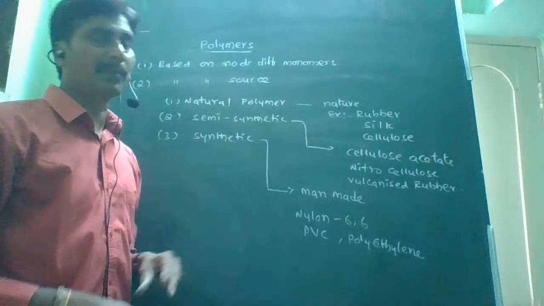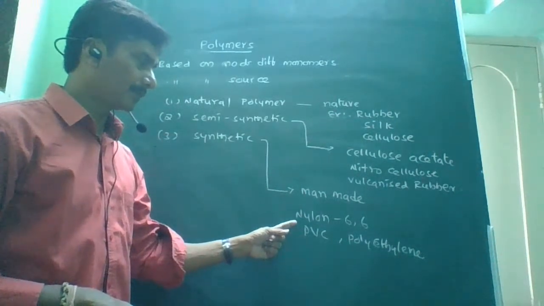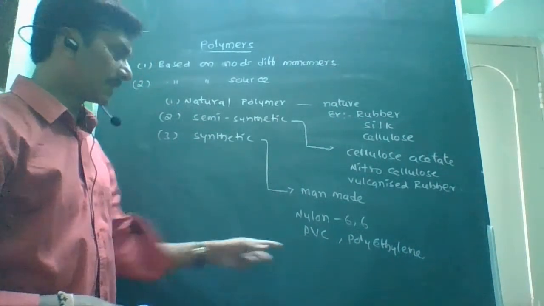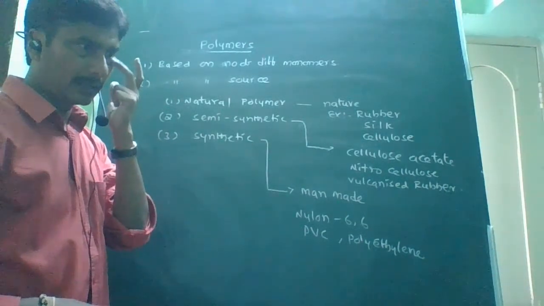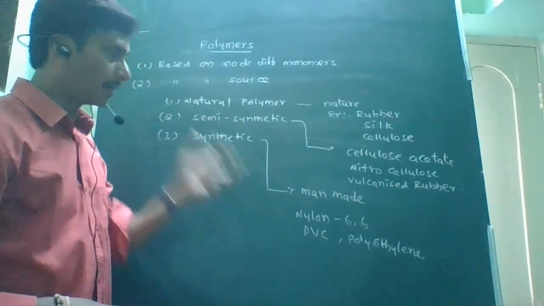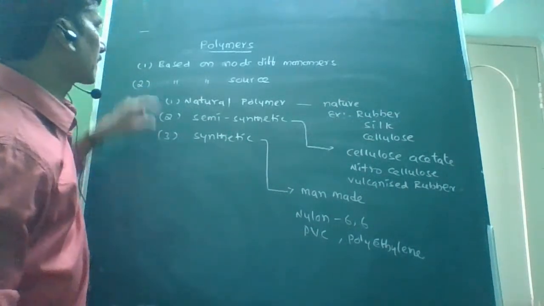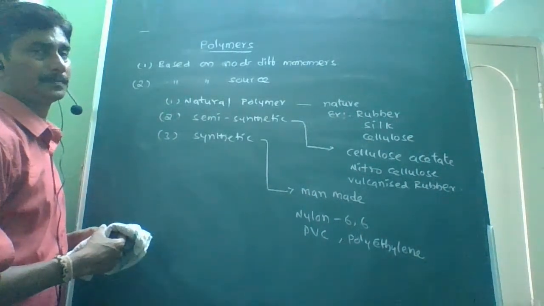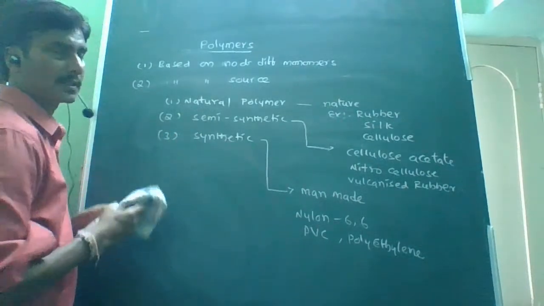Synthetic, these are man-made polymers. Examples: fiber comes under nylon 6,6, plastic PVC, polyethylene, polypropylene, polystyrene. All these come under the synthetic. That is the second type of classification based on the source: natural, semi-synthetic and synthetic.